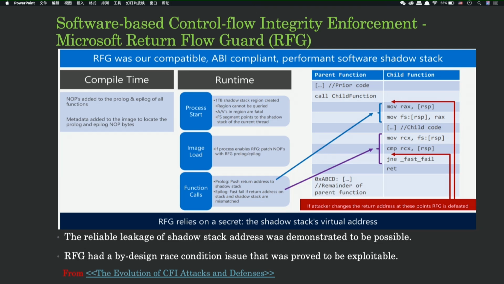But that's not easy to do, because when Microsoft implements the so-called RFG, the return flow guard, one assumption is that this is put into a location nobody knows, which means we don't know the base address for this software shadow stack. That's a good assumption, but in reality, everything is still in memory. So there are ways to find out where this base address is.